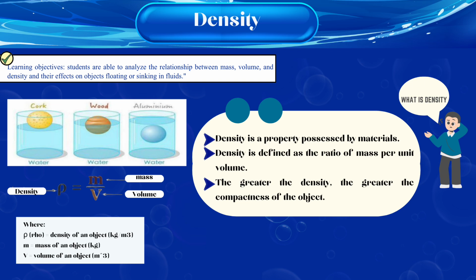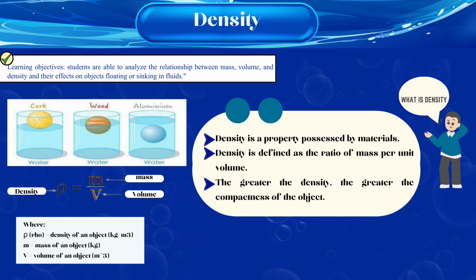These images are used to demonstrate differences in density, which determine whether an object floats, suspends, or sinks in a fluid. Objects with lower density than the fluid will float. Objects with similar density will remain suspended, and objects with higher density will sink.